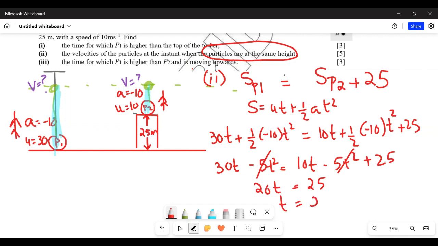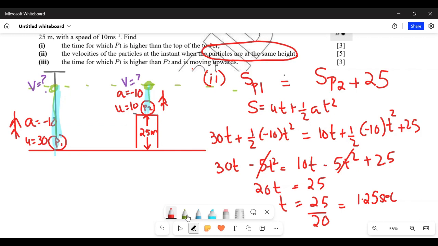So t is 25 by 20, which is 1.25 seconds. Which means that when the two particles are at the same height, the time is 1.25.